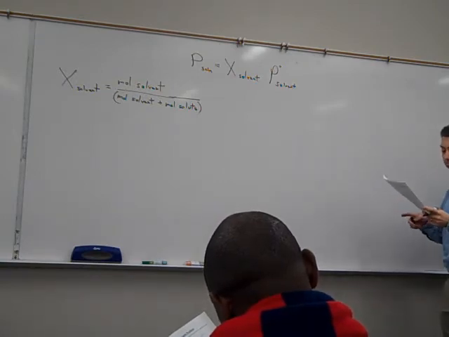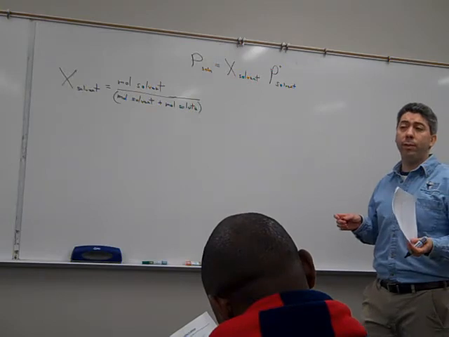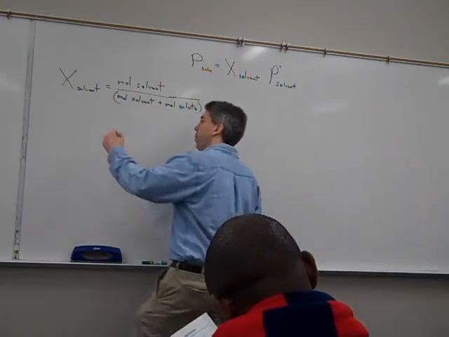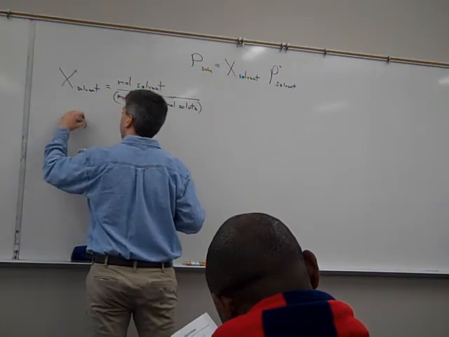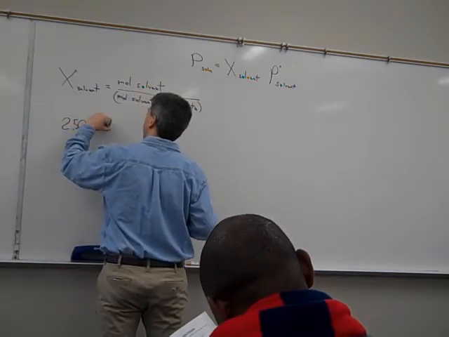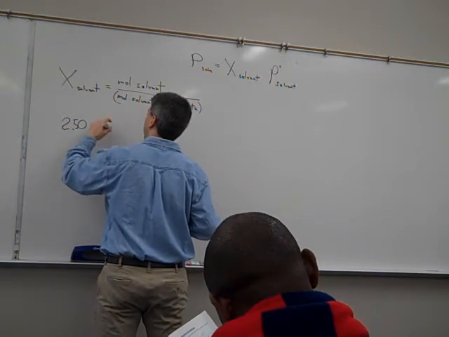In this problem, we're not given the moles of solute though, right? Nor are we given the moles of solvent. We're given molality: 2.50 molal NaCl.